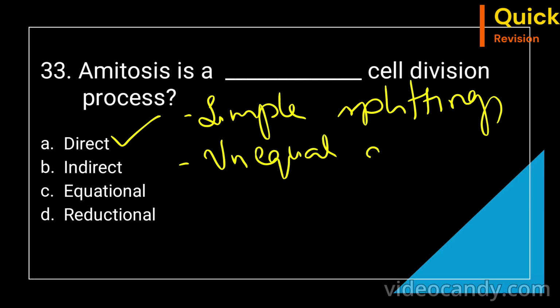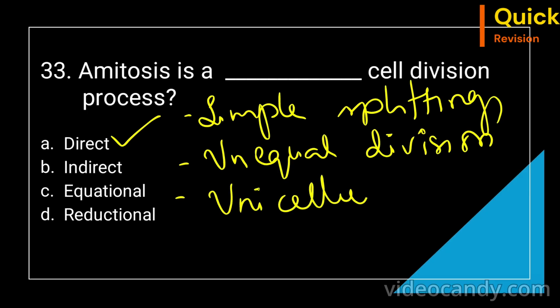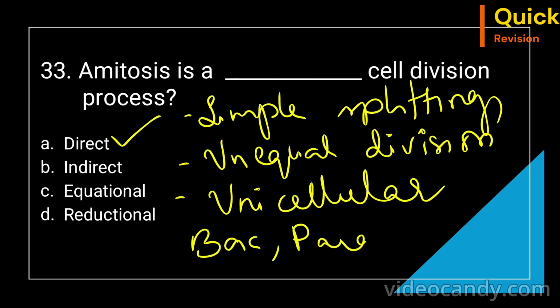You mostly see amitosis in unicellular organisms. For example, some bacteria, and even in protozoans like Paramecium, you can find amitosis.